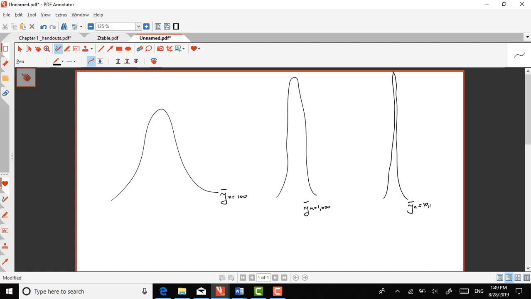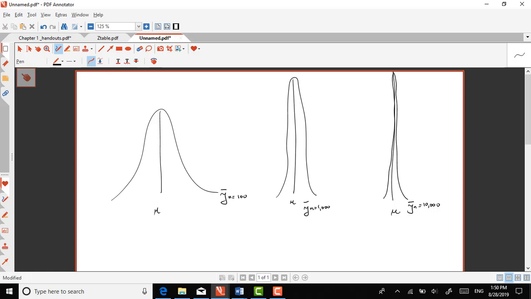Then n equal to, let's say, 10,000. I should be drawing the same thing in the same graph, but that's the idea. I wanted to show how the variance gets smaller and smaller as your sample size increases. So it gets concentrated. With n equal to infinity, this is actually 0, and you hit exactly the mean. But of course, that never happens.